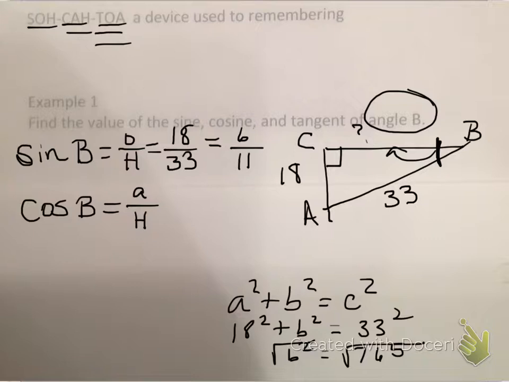So I'm going to come over here in this little bit of space I have, and I'm going to do the factor tree, or the factor ladder, for 765. I can tell it's divisible by 5, and then after I divide it by 5, I get 153. That's divisible by 3, and I'm left with 51.